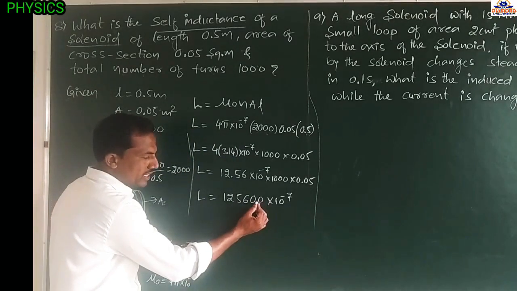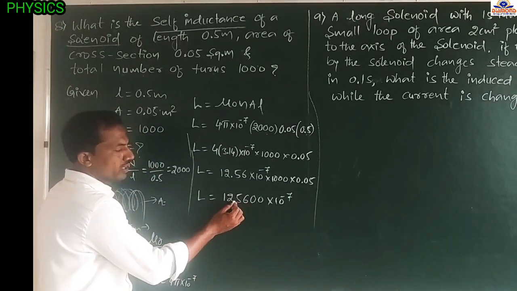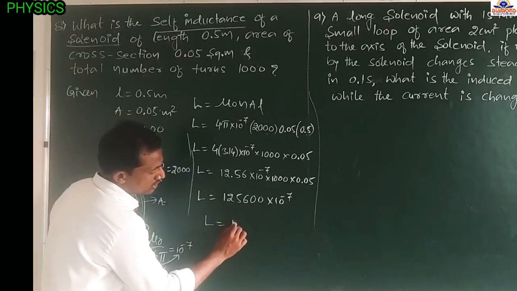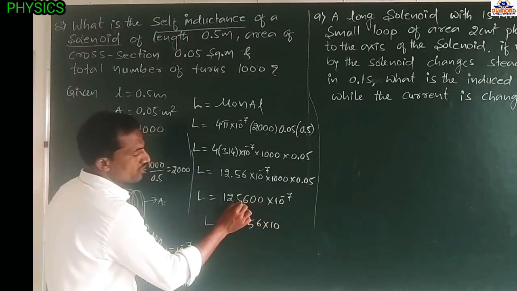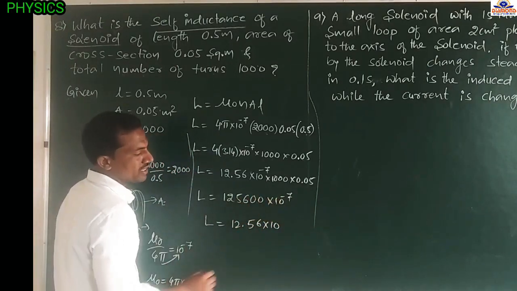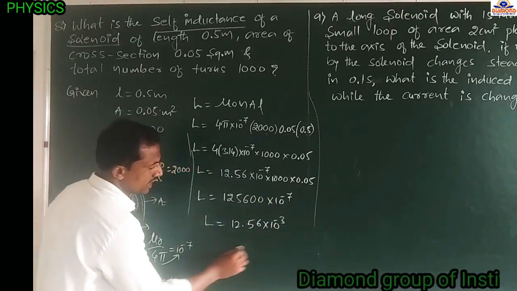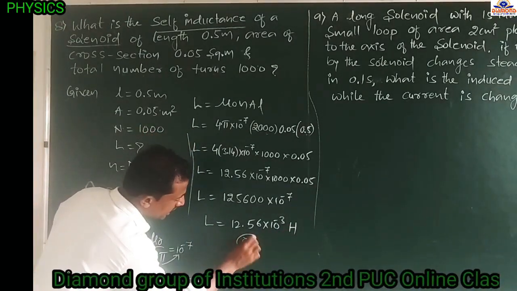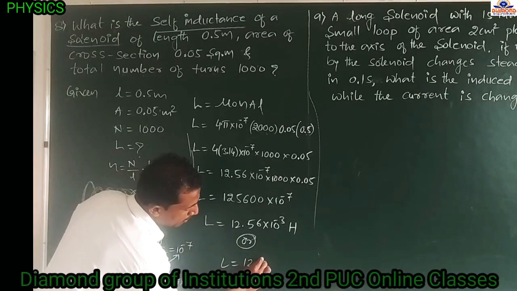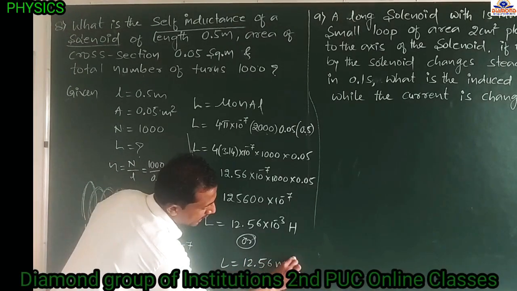Then shift the point backside 1 2 3 4. Then we can write L equals to 12.56 10 to the power of 4 digit shift plus 4, minus 7 cancel means minus 3. Self inductance is measured in Henry, so we are writing L equals to 12.56 milli Henry.